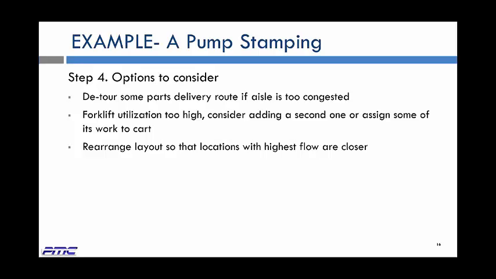Another thing to consider is rearranging the layout, if possible. If equipment can be moved, or the departments can be put closer to each other so the travel distance is reduced, the flow planner can say, okay, instead of moving a total of 21 miles in a shift, by rearranging, now you're moving an average of 10 miles in a shift.